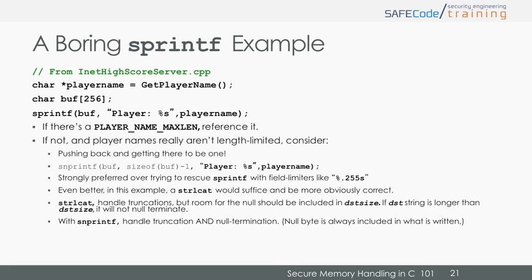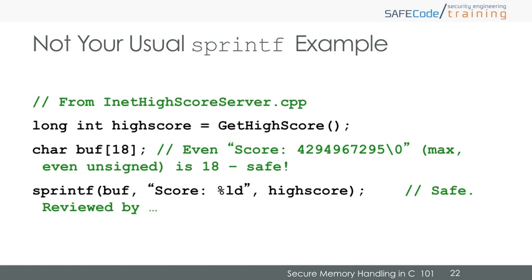If you're using strncpy, you have to think about truncation and null termination, because strncpy, just like strcpy, doesn't guarantee null termination. People who are good about remembering that strings might be longer than their available buffer size can sometimes let their guard down when it comes to numbers.